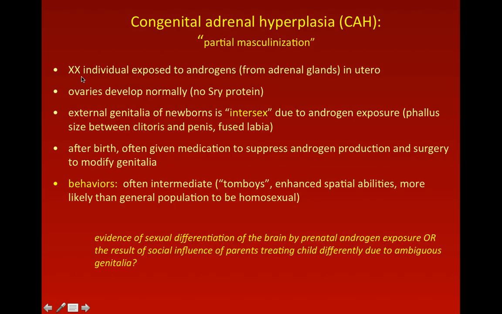Because there's no SRY gene and no SRY protein, their gonads develop into ovaries, so they develop normally, but the external genitalia is often intersex, something between traditional male and female external genitalia. And this is due to this exposure of androgens.